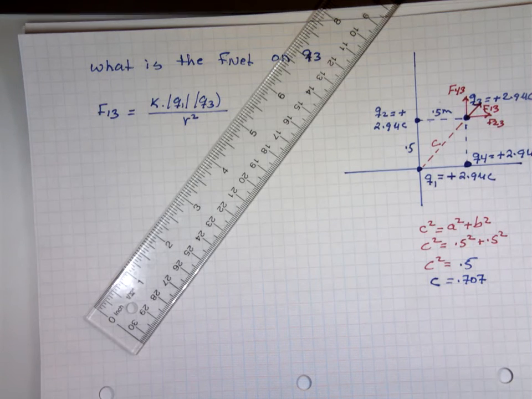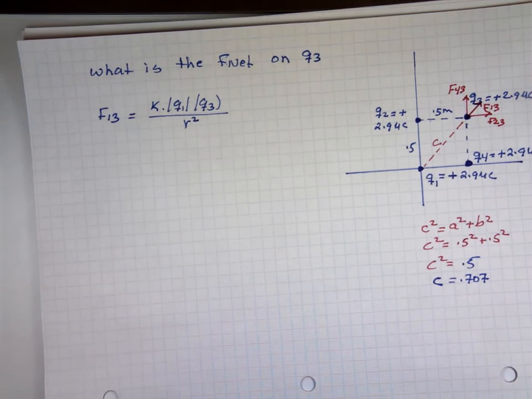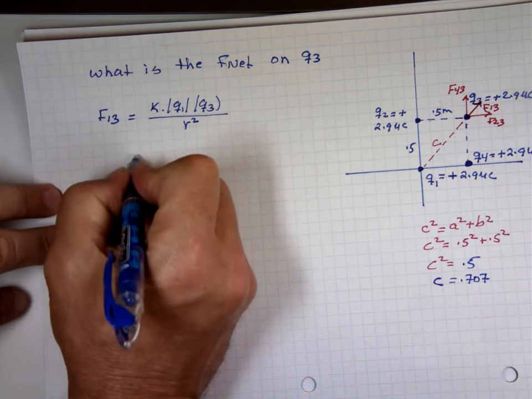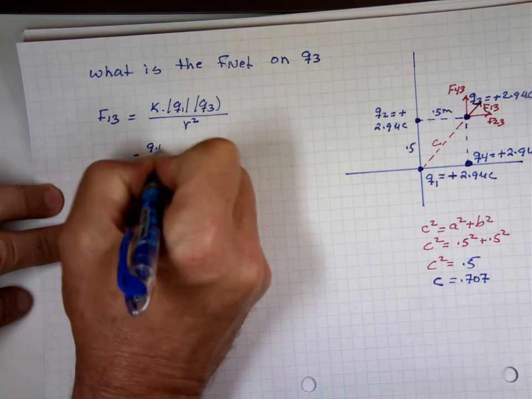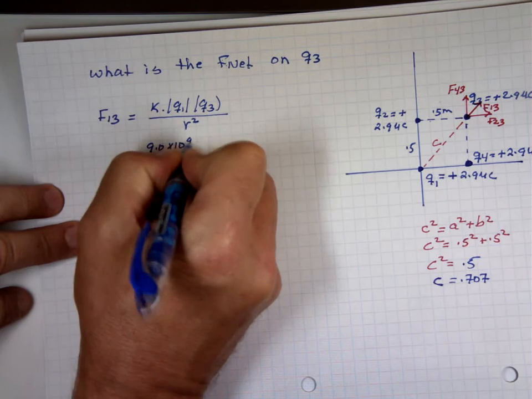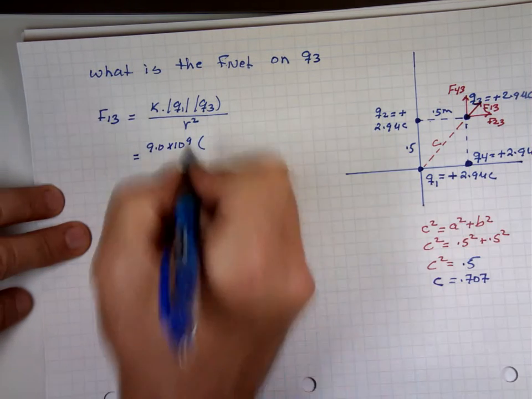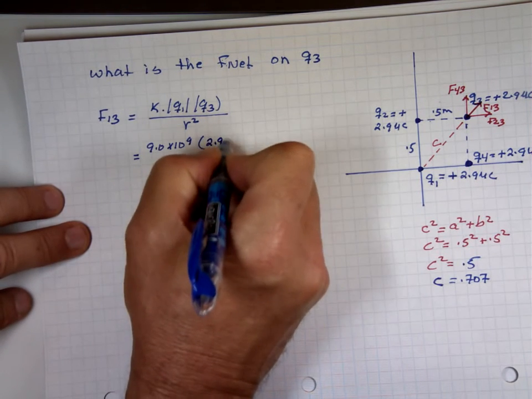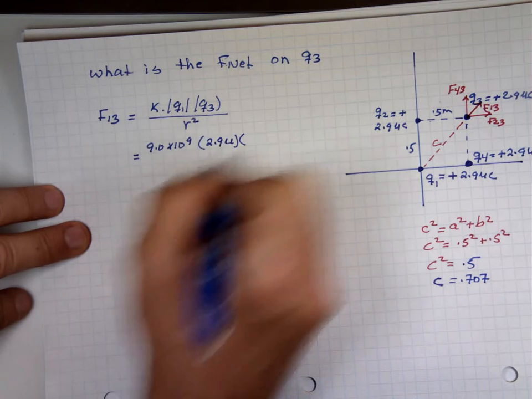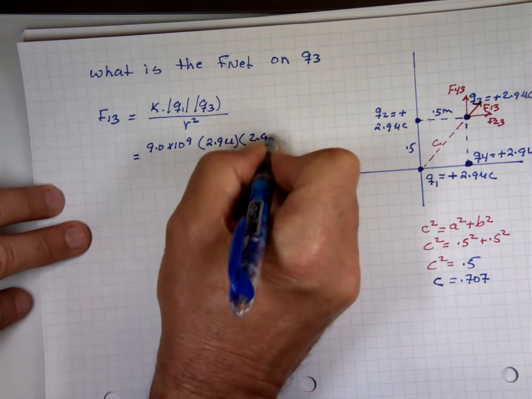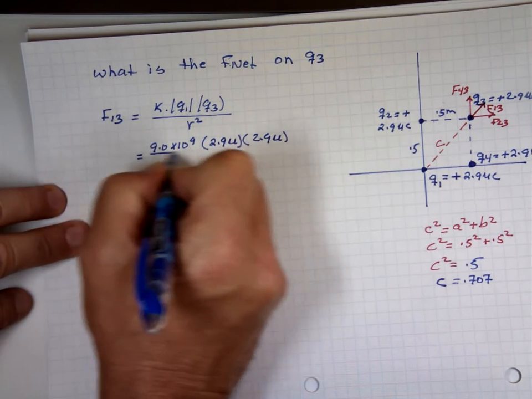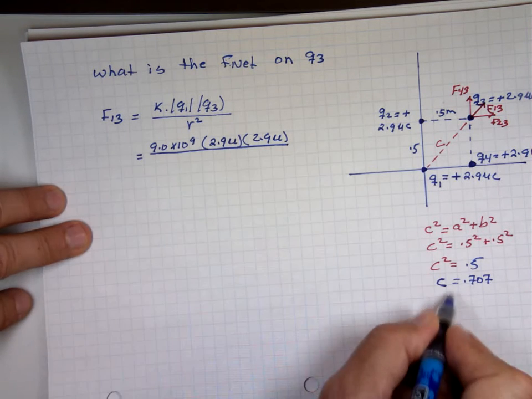So let's see what F13 equals. 9.0 times 10 to the 9, times Q1, which is 2.9 micro. Micro is 10 to the minus 6. 2.9 micro over 0.707 squared.